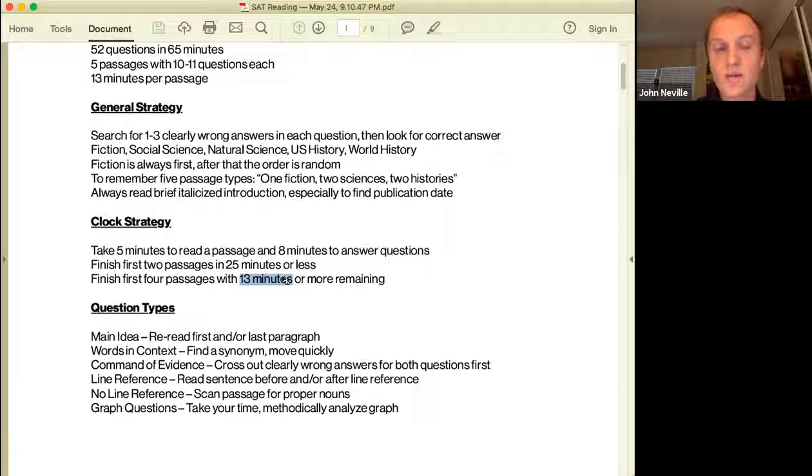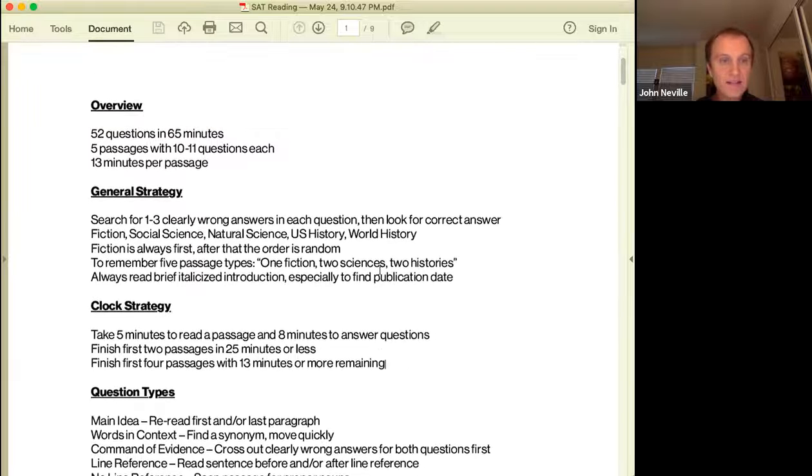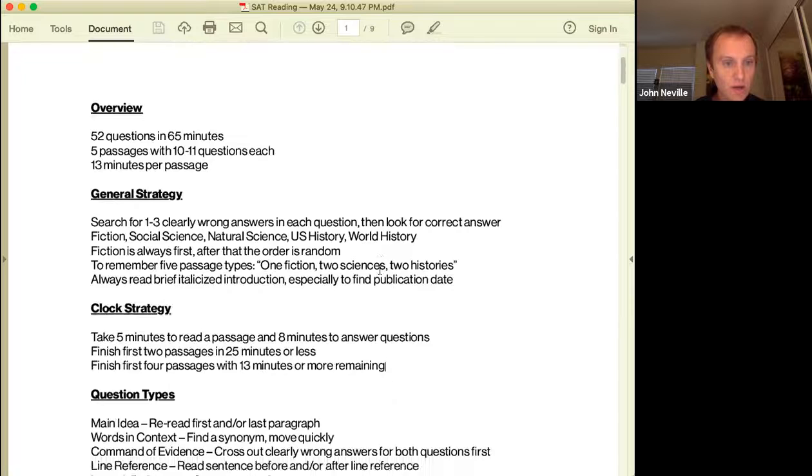And so here they check at the 40% mark after 2 passages and the 80% mark after 4 passages. Every other section on the SAT, especially, you can just check the clock at the halfway mark if that works for you. So that is a general overview.